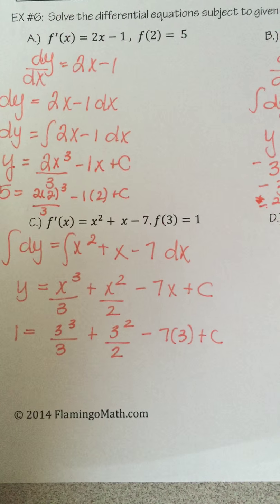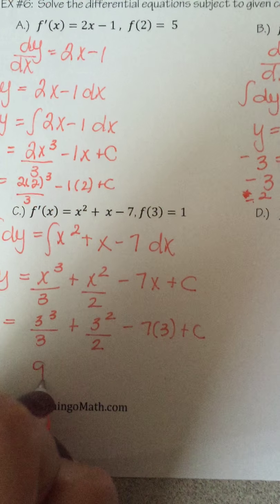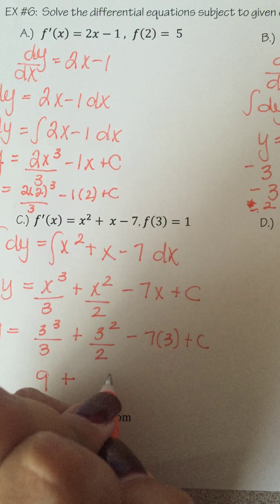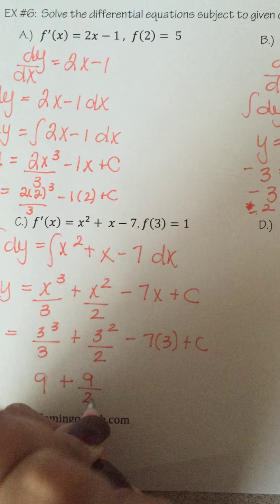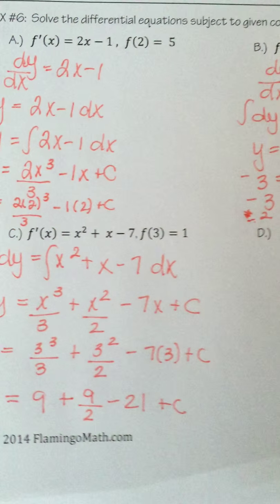Which gives us 27 over 3, which is 9, plus 9 halves minus 21 plus c is equal to 1.